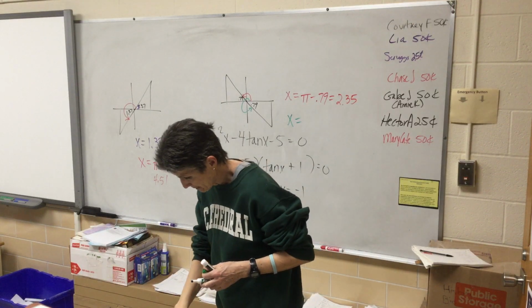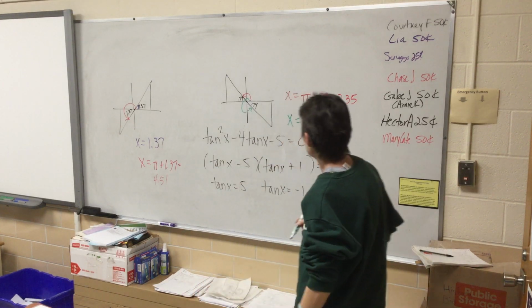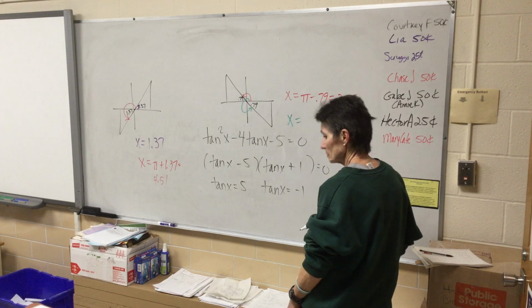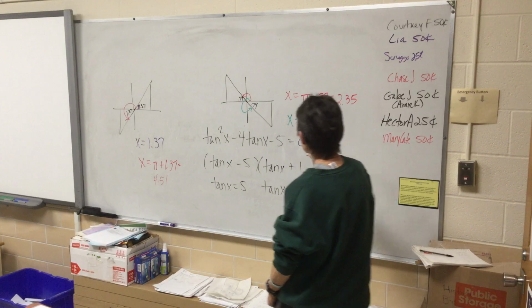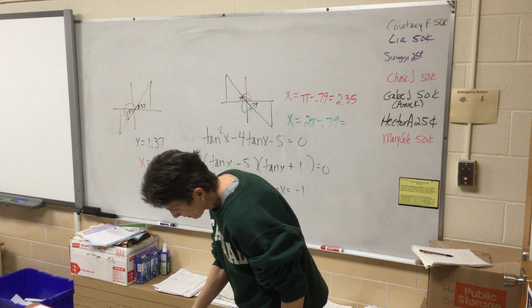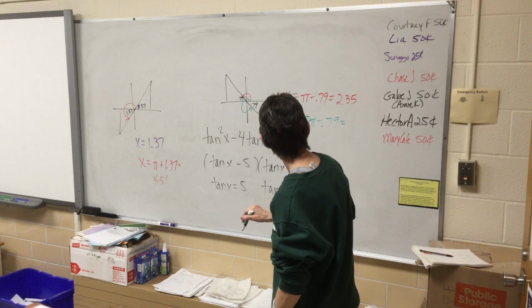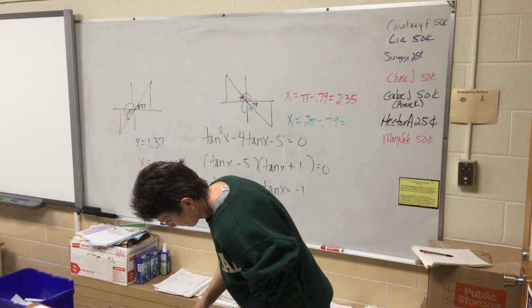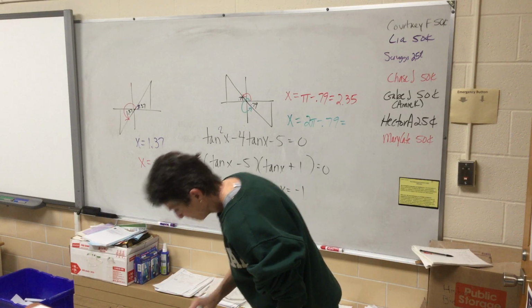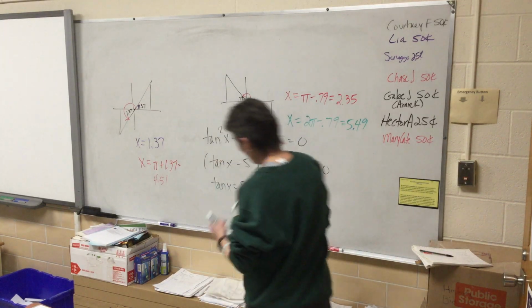So how will I get that one? 2 pi minus 0.79. So that should come out to be 5.49, is that right? No, let me try that again. Yeah, 5.49. So there are the 4 answers to the problem.